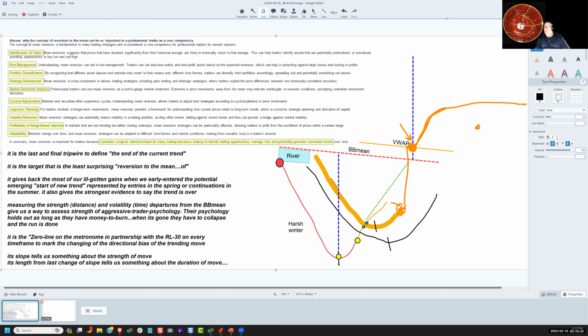And price will do something like here, and maybe it goes up to here, and then it keeps breaking out, but on lower and lower volume. Then later in the day, if I look at the Bollinger Band mean, the simple moving average 30, it could have been something like this. So there was a time early in the day when they were both here.